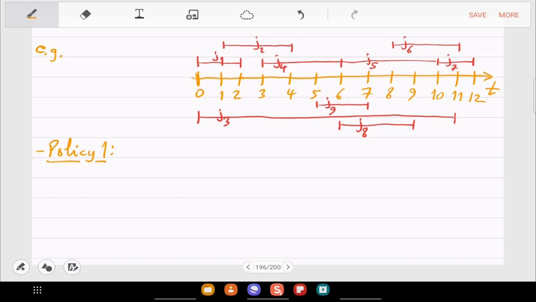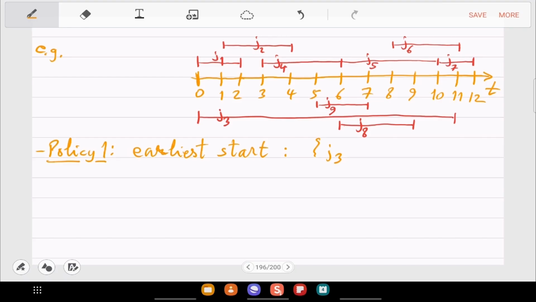So policy 1 can be to pick the earliest start. If you pick the earliest start, then the machine may pick J3, right? Because J3 starts at 0.